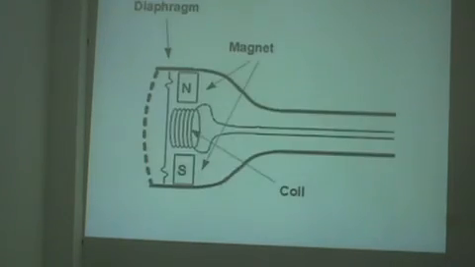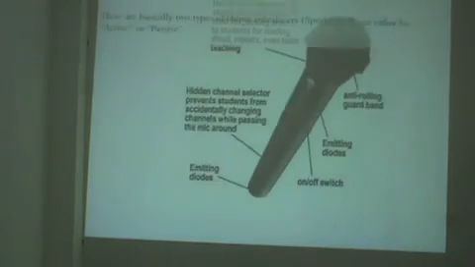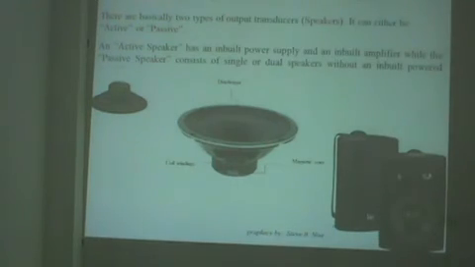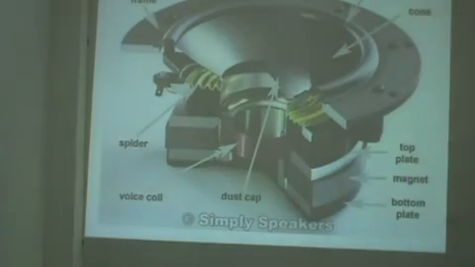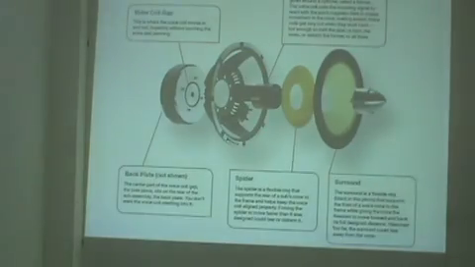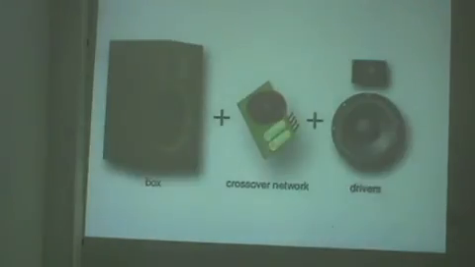Then of course we saw the output transducer. We saw the parts, and we saw what makes it possible for one box of speaker to play both the bass and the high frequency. It's the work of a crossover. I hope you enjoyed this lecture.